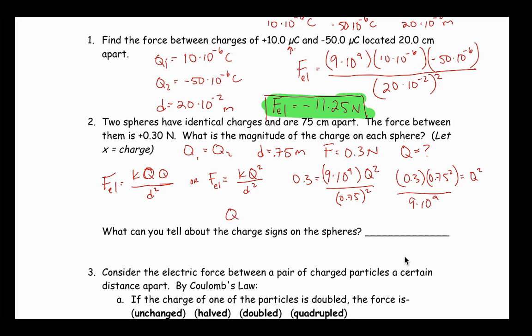And then solving for q, I get 0.3 times 0.75 squared divided by 9 times 10 to the ninth equals, and then we're going to square root that. So I get Q equals 4.3 times 10 to the negative 6 coulombs.